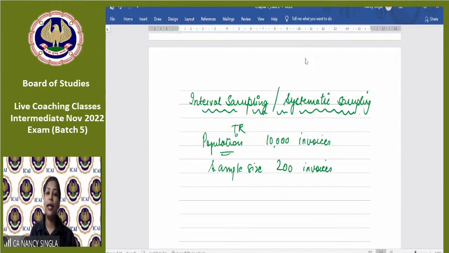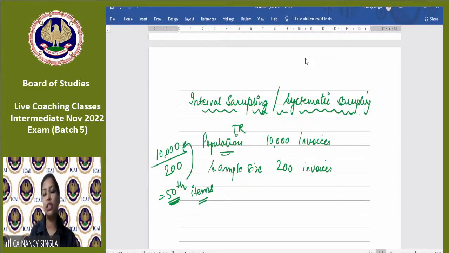So interval sampling says that auditor, you calculate an interval, and whatever invoice falls at this interval, you will select it as a sample. That is, divide this population by the sample size that you need. So 50. So every 50th item is your sample now. Every 50th item in this 10,000 population is your sample now.